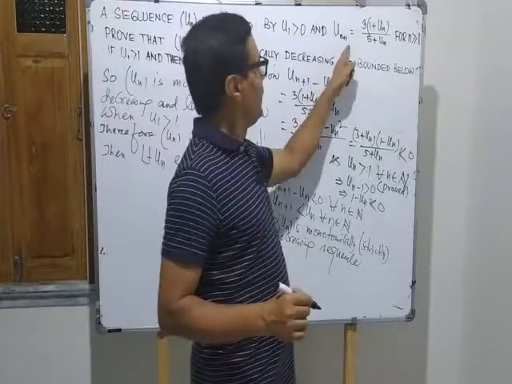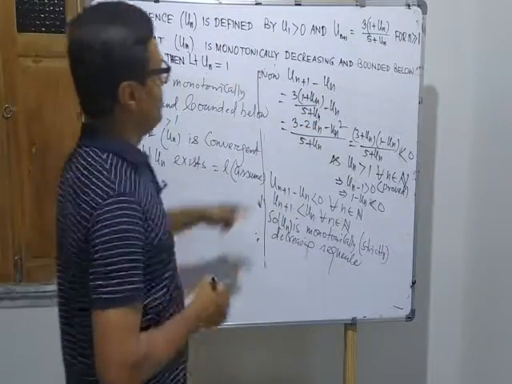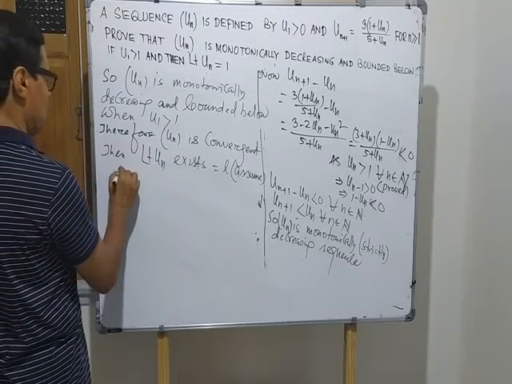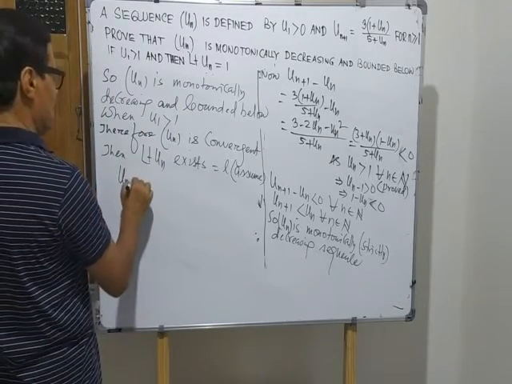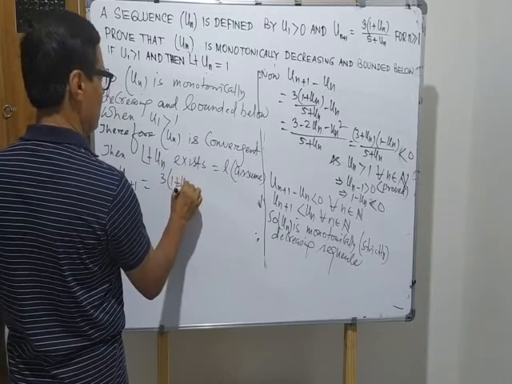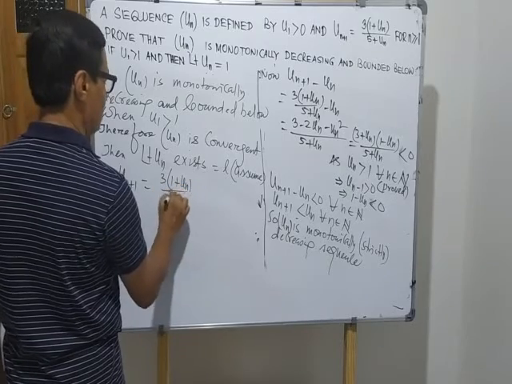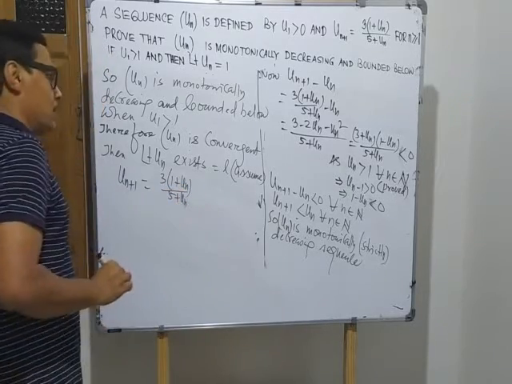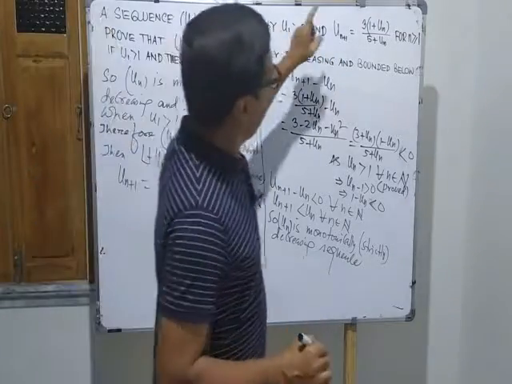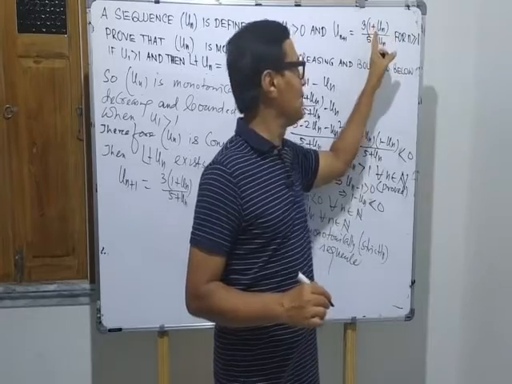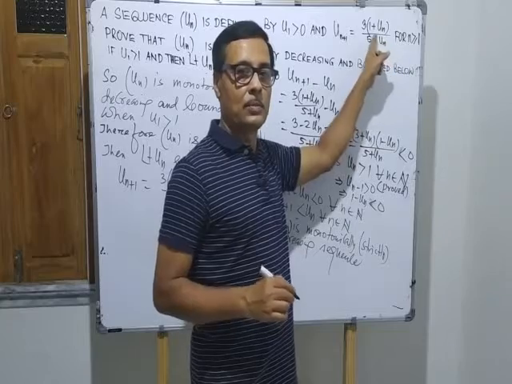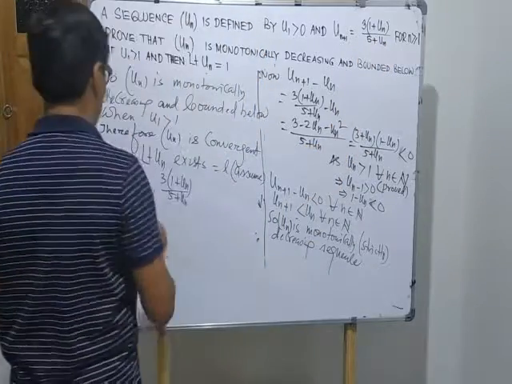Now we can apply this sequential relation: un plus 1 equal to 3 into 1 plus un over 5 plus un. We can apply the limit process on both sides of this sequential relation.